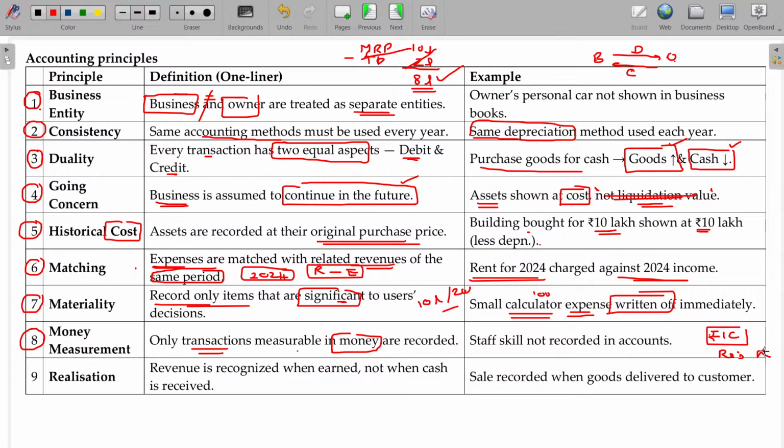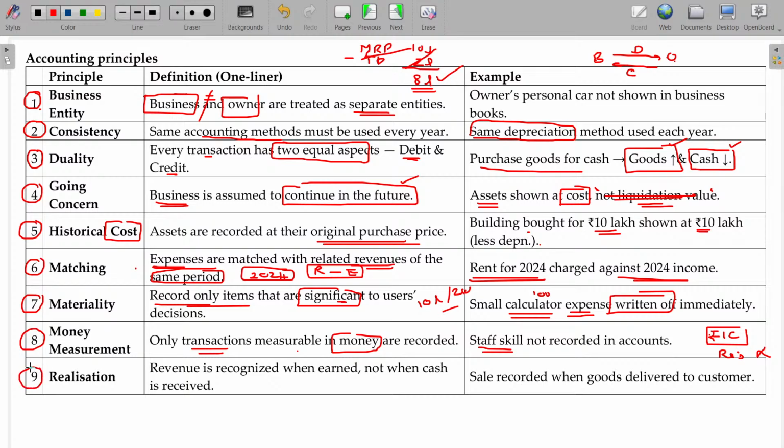Staff skill cannot be quantified in terms of money, so it is not going to be accounted. An appreciation given to a good performing staff without any cash award will not be recorded because these things are non-measurable in terms of money.